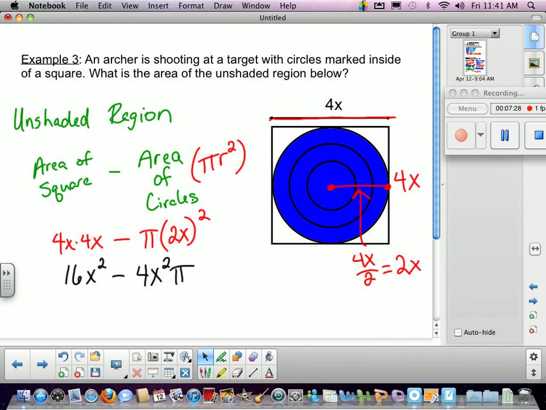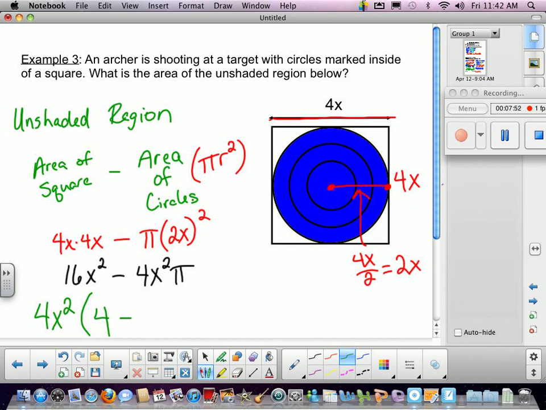But we can take it a step further by factoring it out. What can we factor out of 16x squared and 4x squared pi? Well, we can factor out a 4x squared. So then we would have 4, because 4 times 4 gives us 16. We've already got 2 x's, we don't need any more.